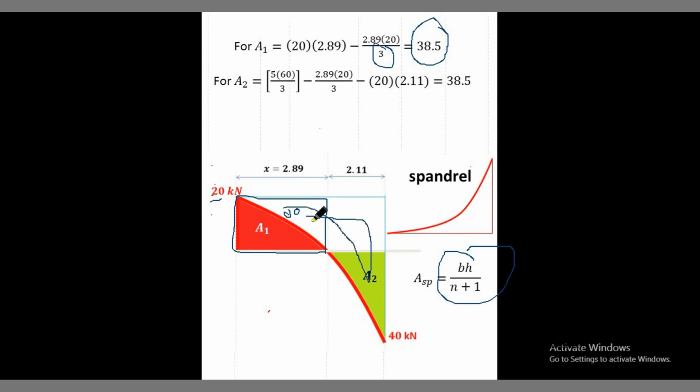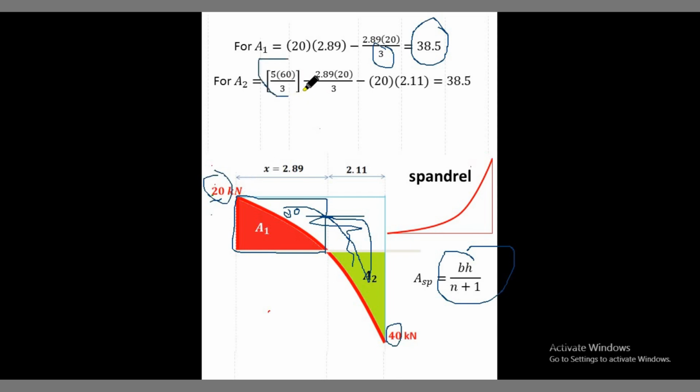Ito yung kulay gray kanina. So, yung area niya is base that is 5 and the height is 60. Kasi 40 plus 20, that is 60. And divide it by N plus 1, that is 3.